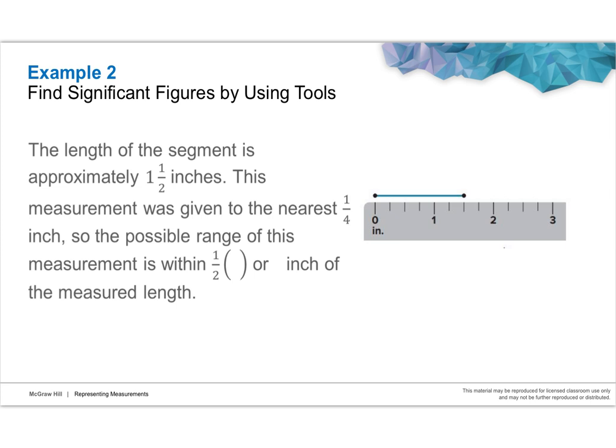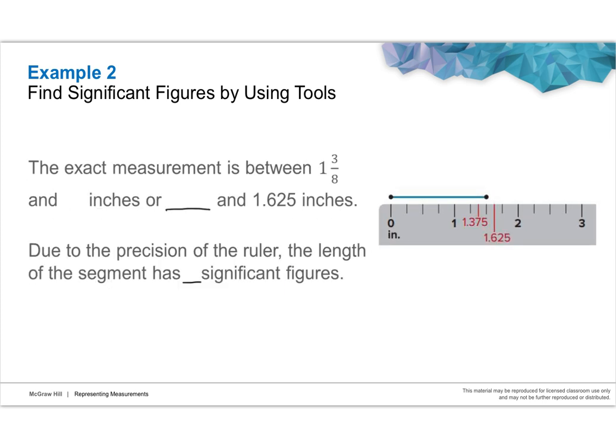That's the unit of measurement that it's broken down to in the smallest way. So the possible range of this measurement is within 1/2 of that 1/4, or 1/8 of an inch, of the measured length.